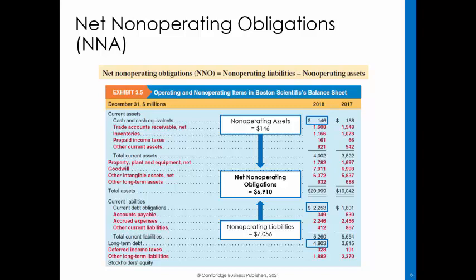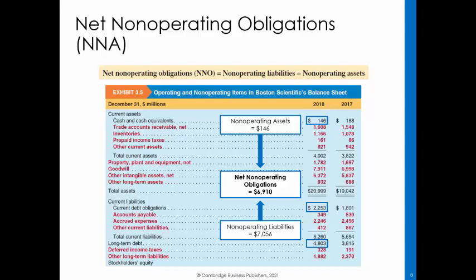Non-operating obligations include short-term and long-term debt, regardless of the purpose of the borrowing; lease obligations, which are de facto debt liabilities tied to major capital equipment or other long-term assets; interest payable, dividends payable, discontinued or held for sale liabilities, and derivative liabilities.